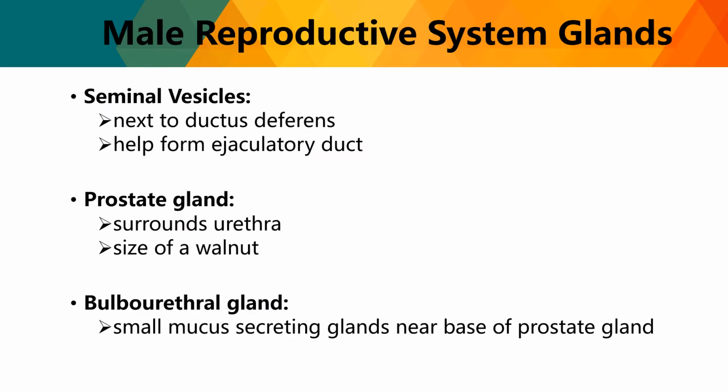So for the male reproductive system glands, the first one would be the seminal vesicle. So it is actually next to the ductus deferens, and it helps form your ejaculatory duct. You also have your prostate gland, which actually surrounds your urethra, and it is the size of a walnut.